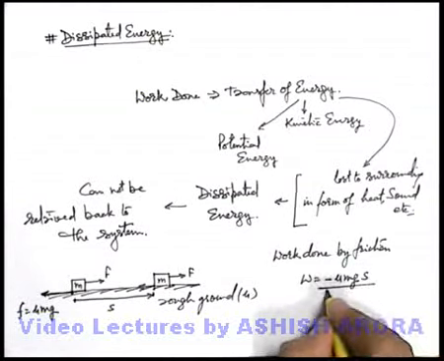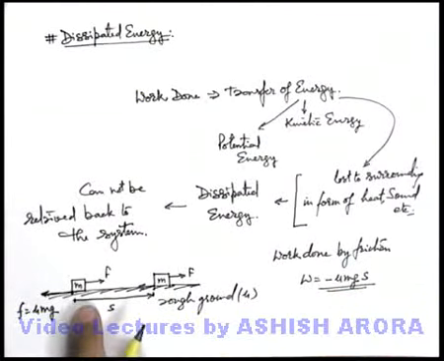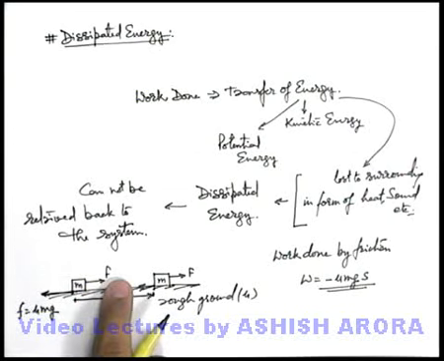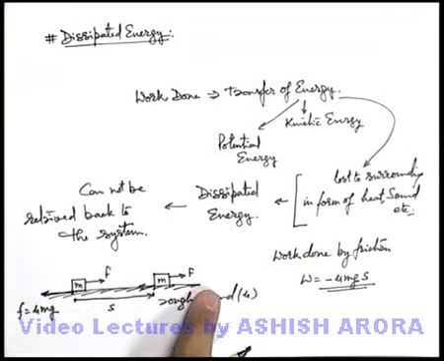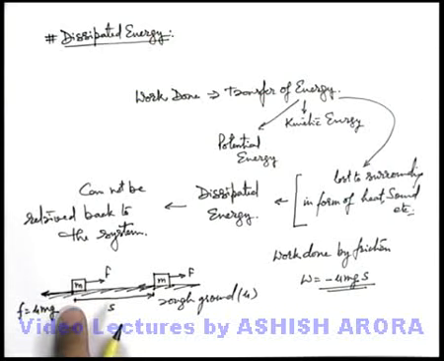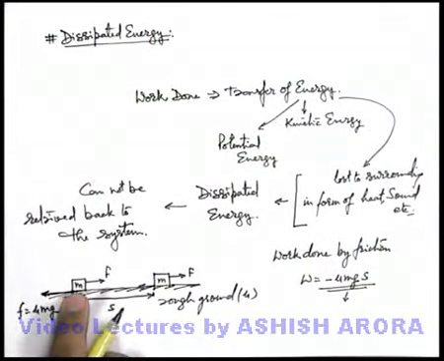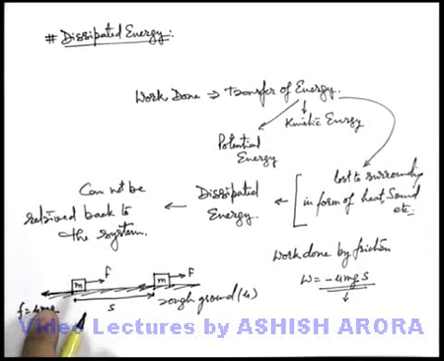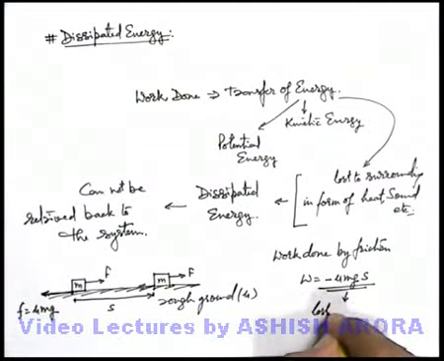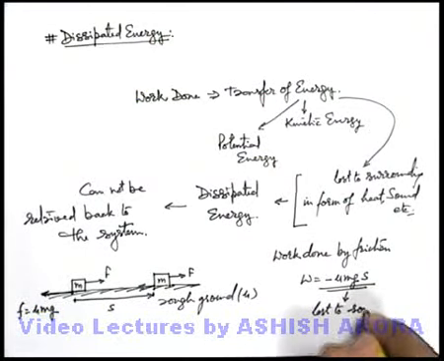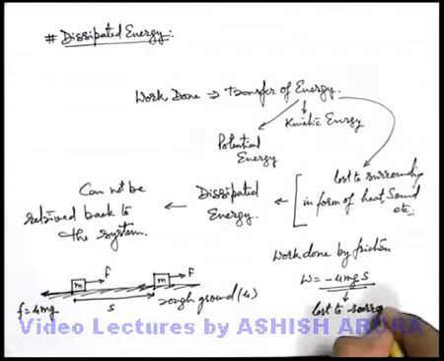Negative work implies the friction is extracting energy from the body, or indirectly this force is doing positive work and friction is extracting energy from it, and this energy which is being supplied to friction is lost to surrounding, which will not be recovered back.